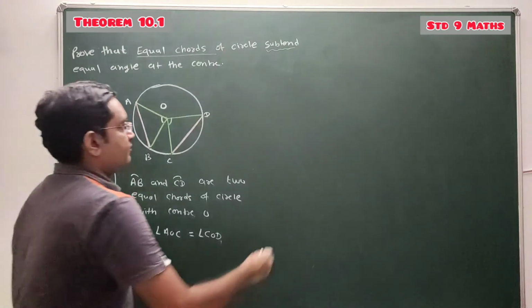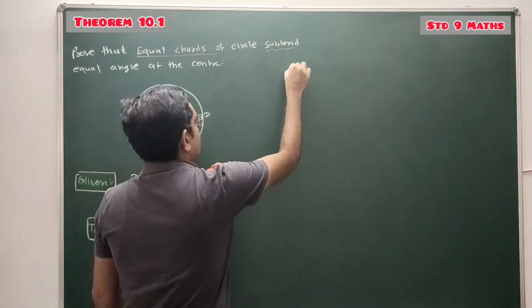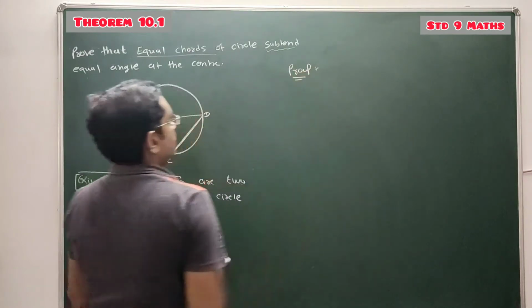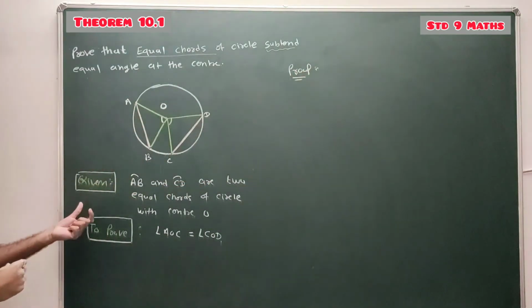So let's start with our proof. The proof starts from the given and it will end with what is to be proved.